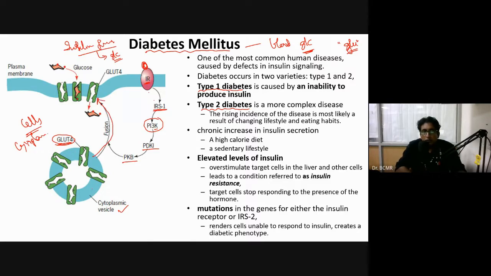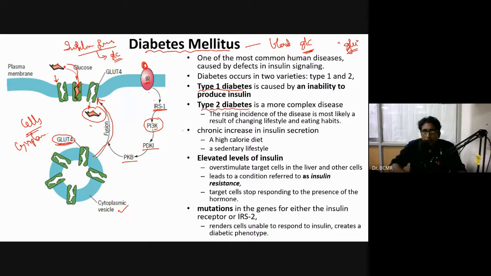Now GLUT4 is on the cell surface, and it will take up the glucose from the outside and put it into the cytoplasm. That's how insulin regulates and causes the uptake of glucose.